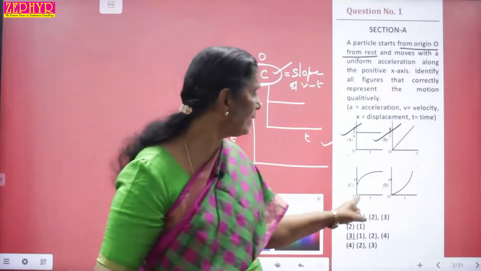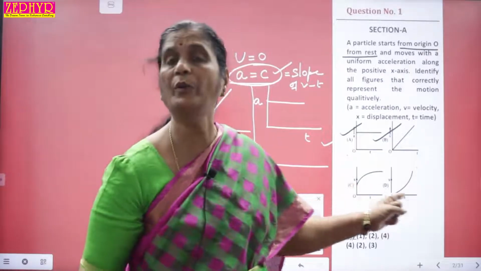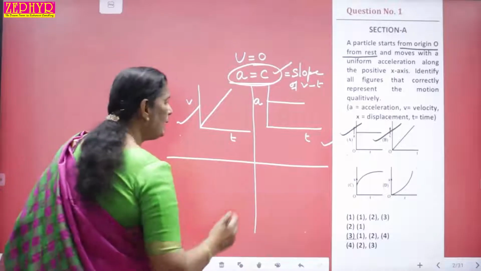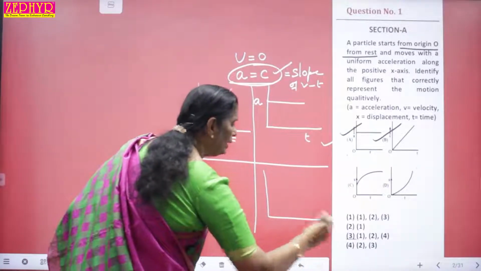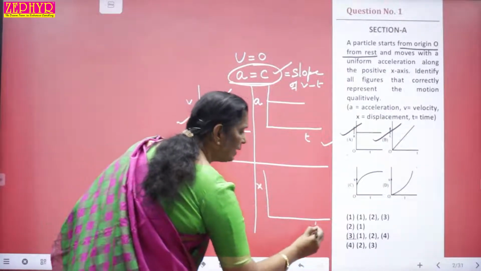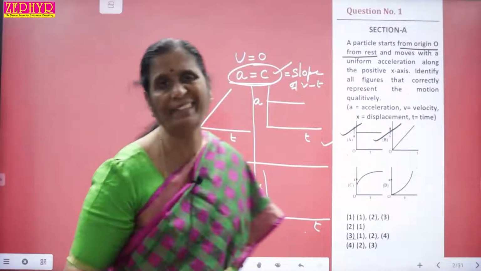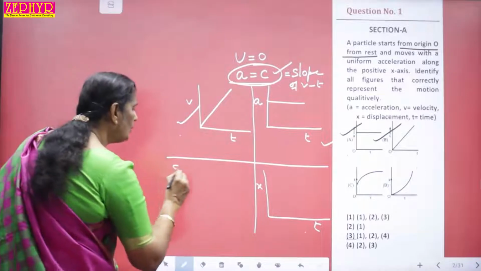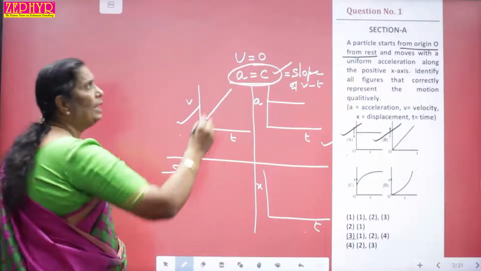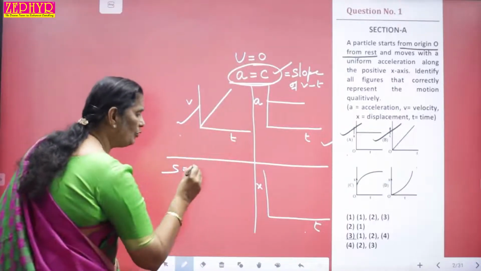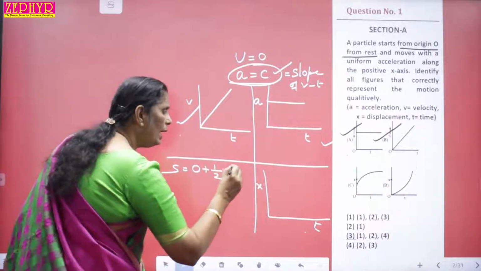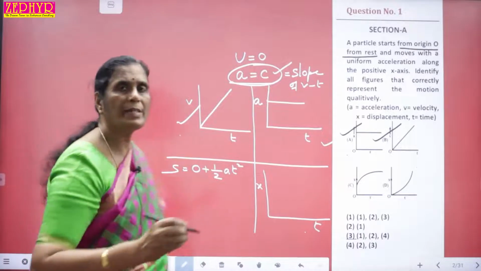Next, in the third and fourth choices, they are asking for the displacement-time graph. The next one will be the displacement-time graph, that is the XT graph. Let us see how.